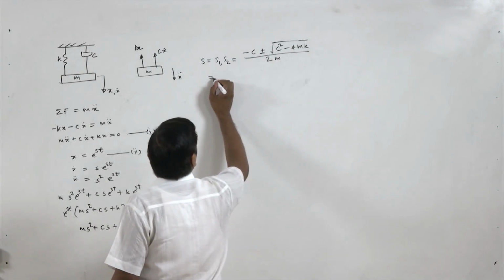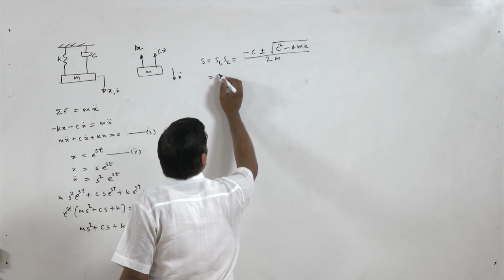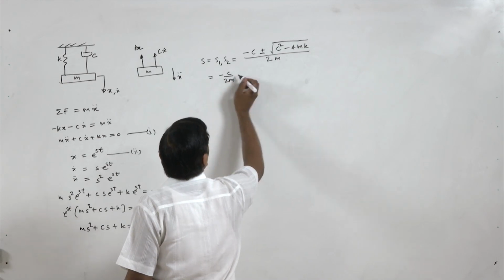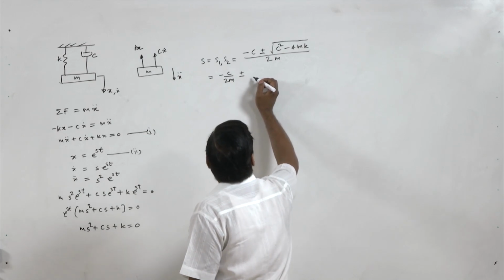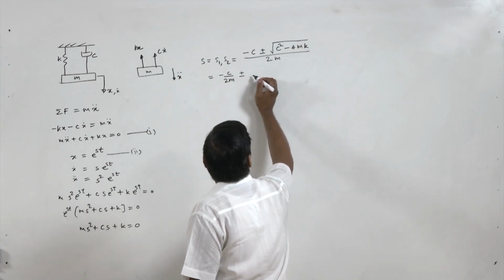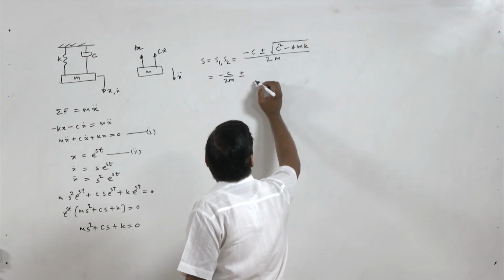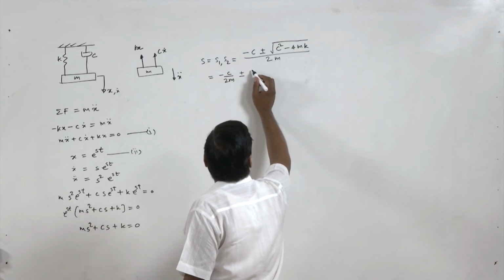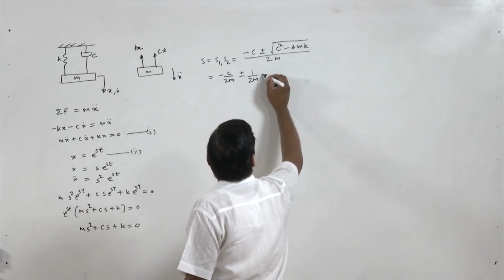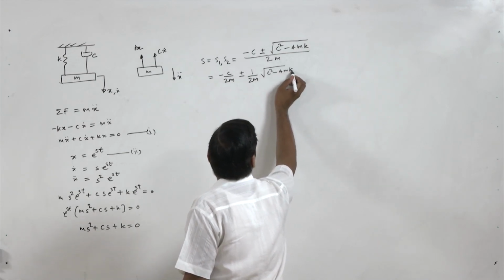Now here we can write minus c by 2m plus minus one by 2m under root c square minus 4mk.